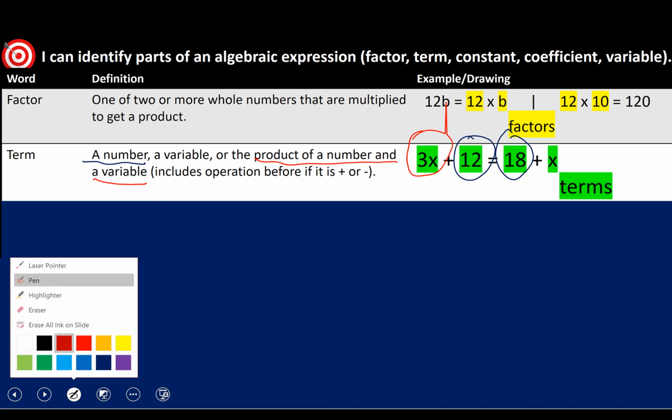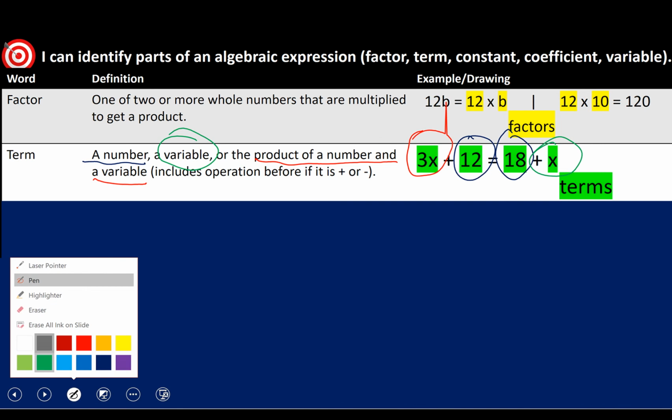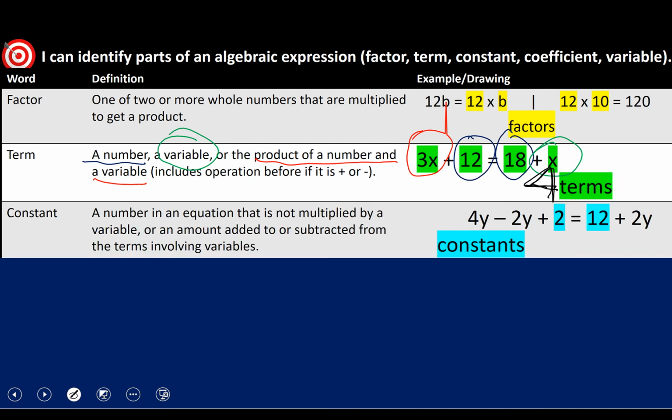X is a variable, so it's also a term. So there are 4 terms. Let's write that out. There are 4 terms in this equation. Okay, next one.